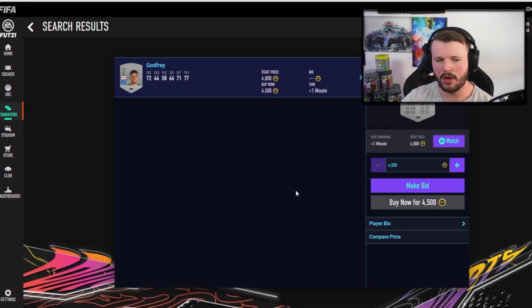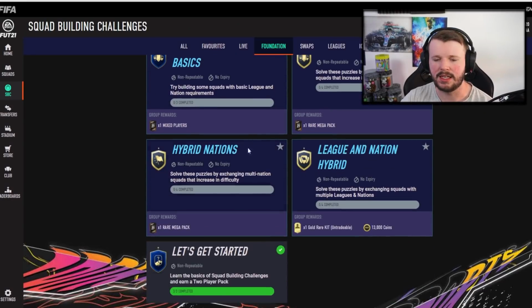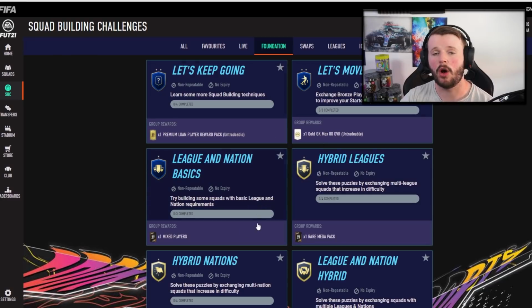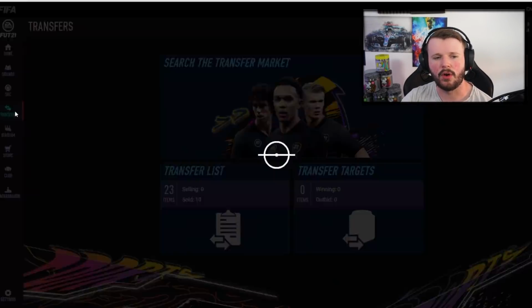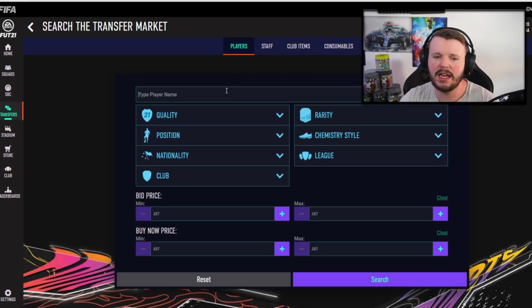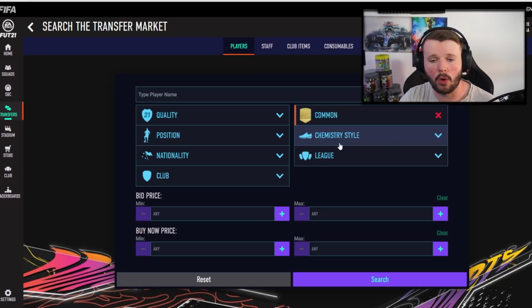What you may need to do first, if you are trying to complete these SBCs, is go out and buy some of the cards, ticking the boxes to make sure you're getting them. What you may also find is that when you go to the transfer market, let's say you've put all the cards in and you need one more rating, a bit of chemistry, a Spanish gold common.